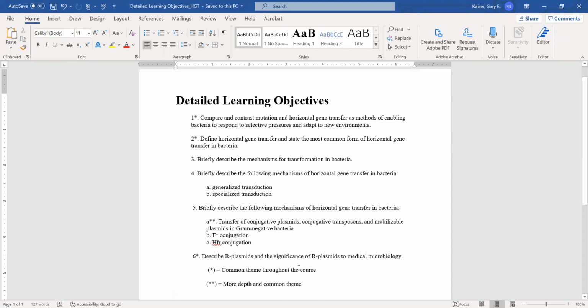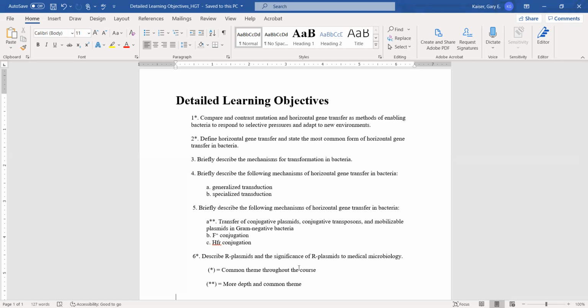So again, we need to know that for the Unit 2 exam in this case, but we'll also have to know that the rest of the semester. We're going to be applying horizontal gene transfer and especially conjugation, as we see in number 5A, throughout the rest of the semester, or our plasmids in objective 6.